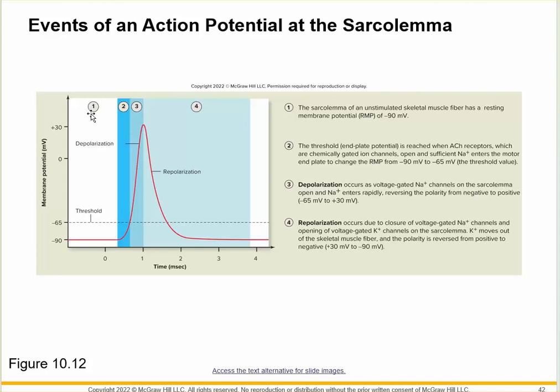We have polarization to about 90 millivolts. We have to have depolarization to reach the threshold to cause the electrically gated channels to open and have massive depolarization. And then the repolarization happens that brings it back down to below threshold. And then we have the sodium potassium pump resetting the resting potential here.